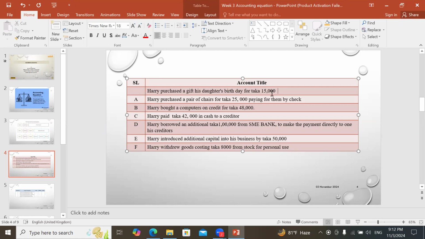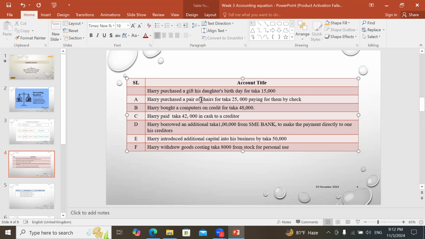Then Harry purchased a pair of chairs for 25,000, paying for them by check. A check is related to the bank, directly related to the bank. So it is a transaction with the bank.